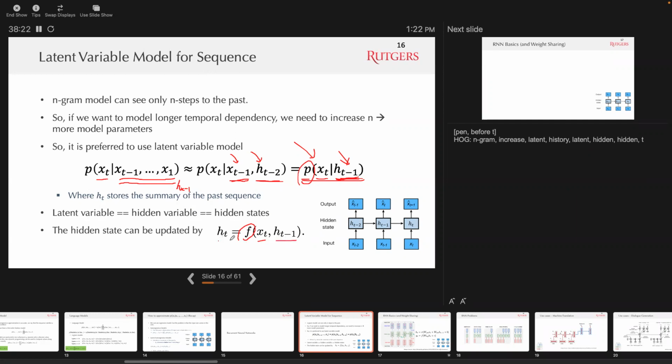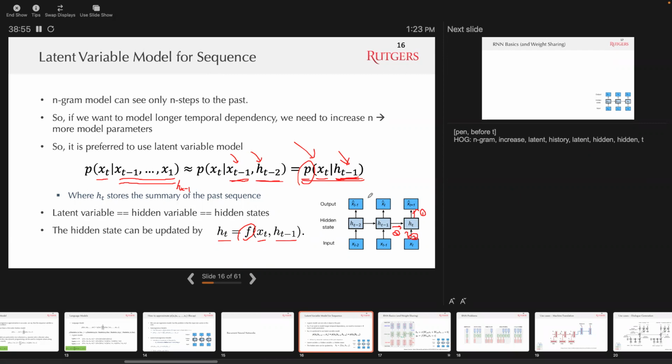You need to learn two functions. The first function tells you how to compute the prediction. The second function tells you how to combine ht minus 1 and xt into ht.